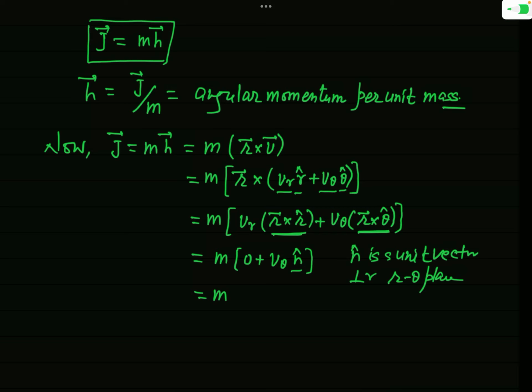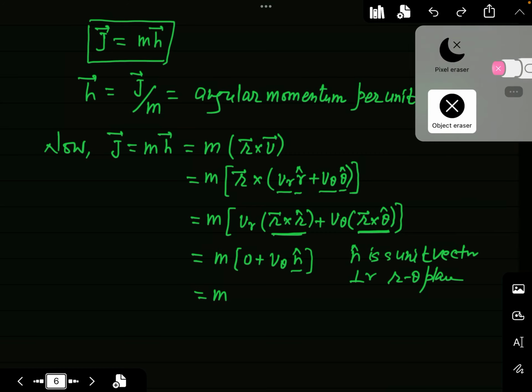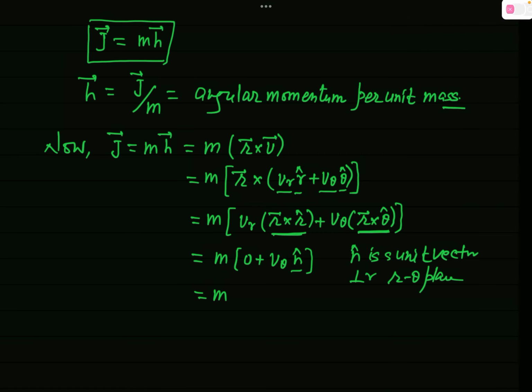Sorry, here there is also in fact r. You should write it in this way; I just made a mistake here. This term should be written like this: the r vector can be written as r times r hat, cross V theta theta hat.